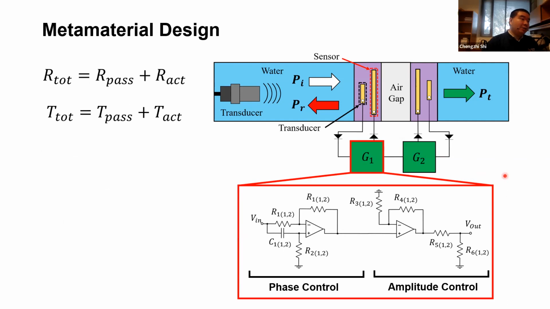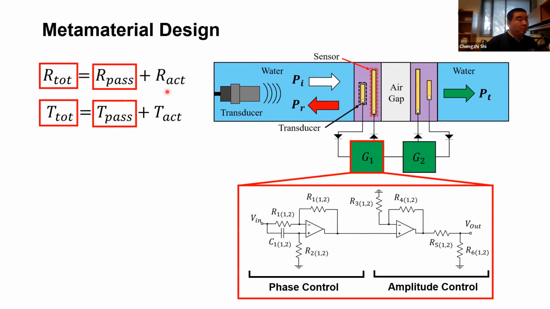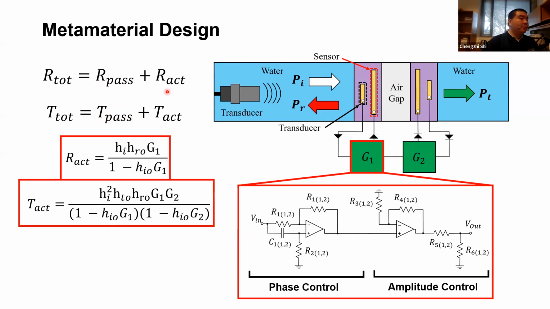Now, as we mentioned, we first need to measure the passive reflection, and the passive transmission is just 0 because of the isolation of the air gap. So we know the passive reflection, and the passive transmission is 0. To get the total reflection and transmission, we use the circuit to calculate the active reflection and transmission by changing the gain G1 and G2.